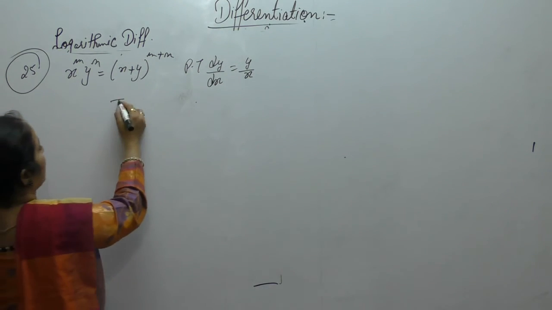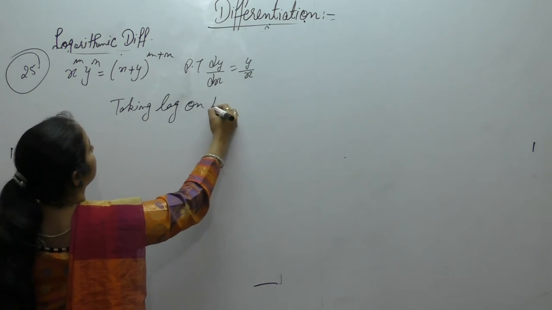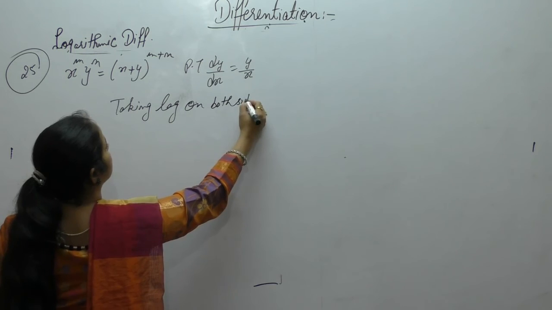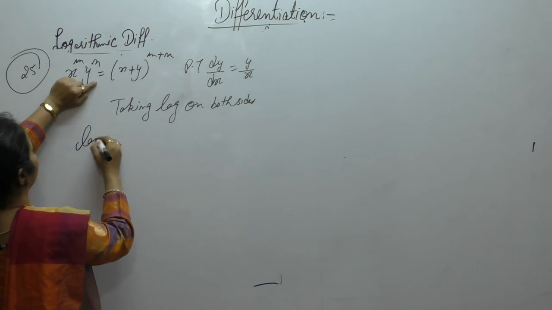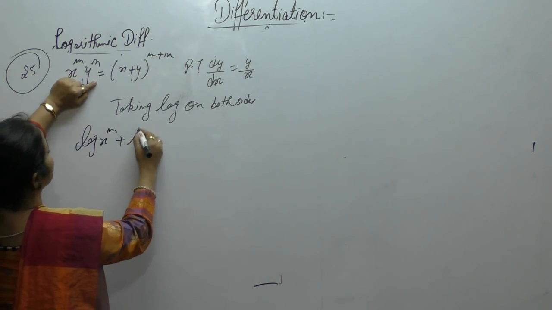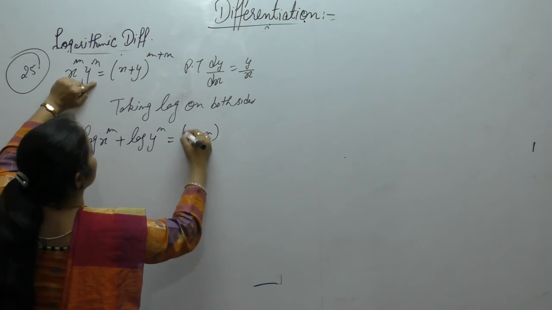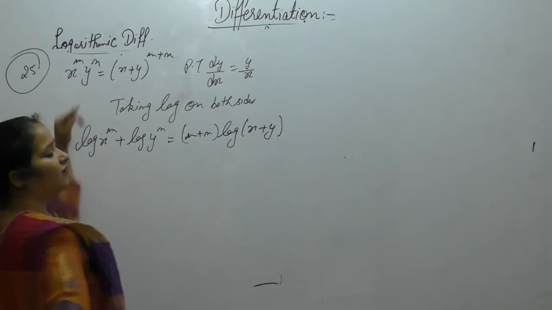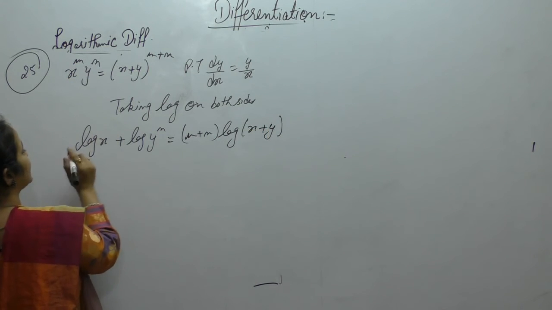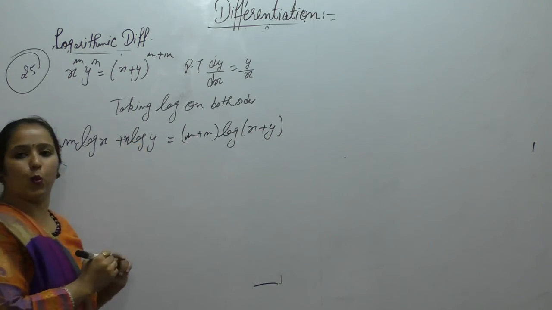Now taking log on both sides, log of a into b, log of a plus log of b, and this is m plus n log of x plus y. We can write it as m log x and this as n log y.